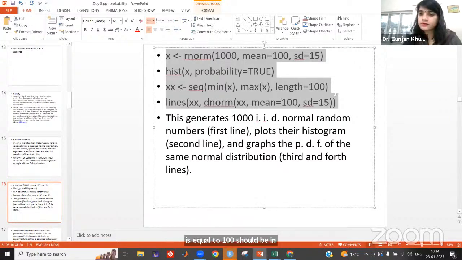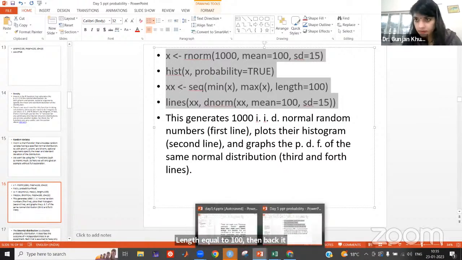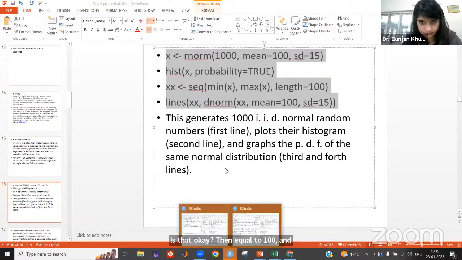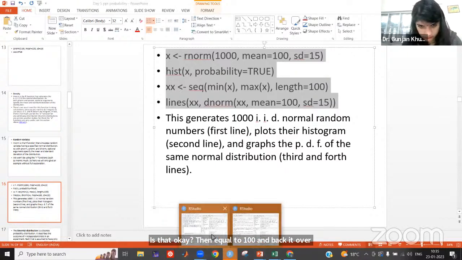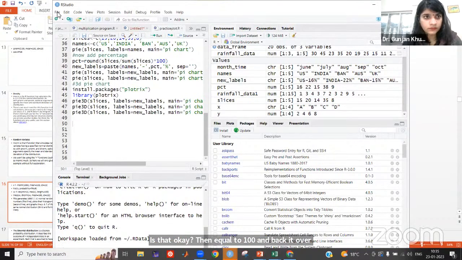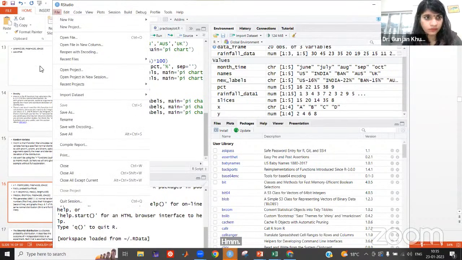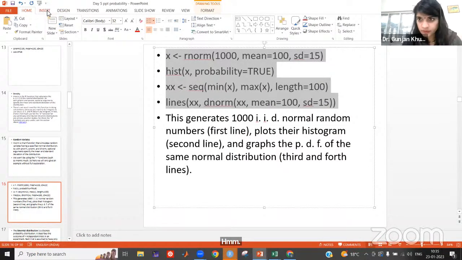No, length equal to 100, then bracket over. There is an error: object x not found. So you have not run the x command?